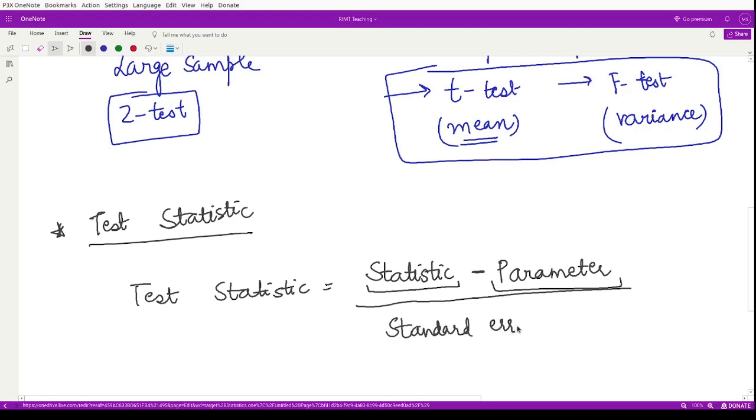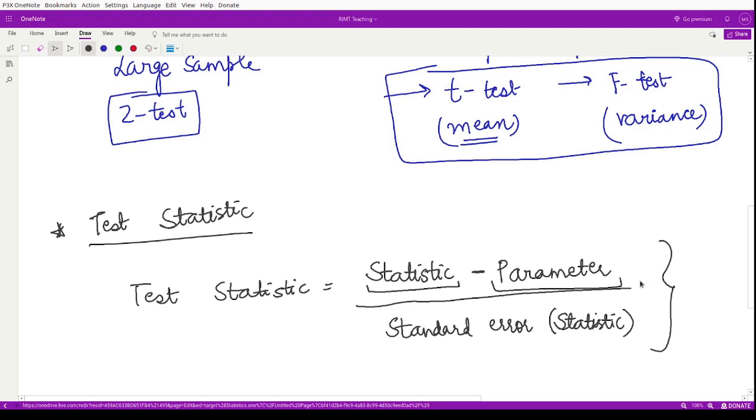The standard error is the standard deviation of the statistic, that is, of the sample. This is the general formula to calculate the test statistic. We'll see these formulas for different tests later on.